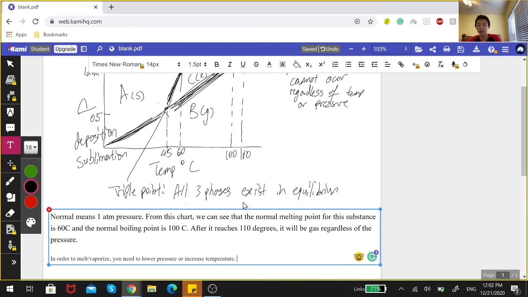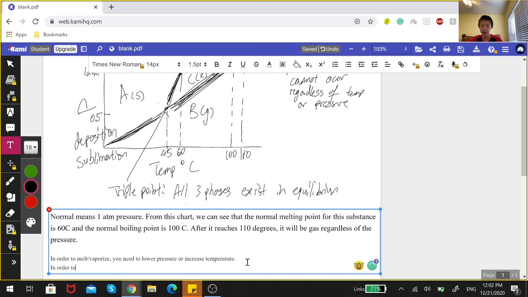Now if you increase the temperature, that increases the kinetic energy, which makes the atoms move faster, which is why they melt. So if you want to melt or vaporize something, you need to lower the pressure or increase the temperature. Now in order to freeze or condense, you need to increase pressure or decrease temperature.